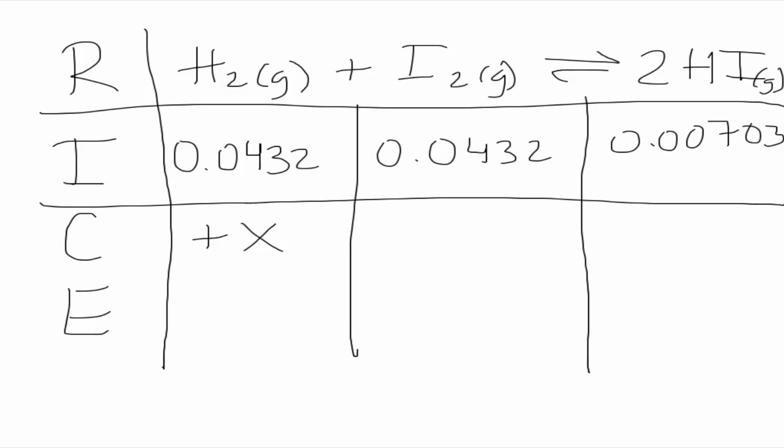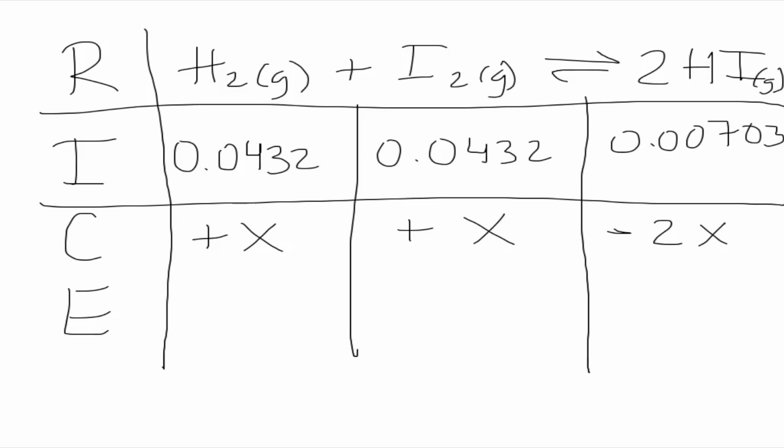This is going to increase by plus x as well. And our product is going to decrease by negative 2x. I told you that it would increase or decrease by nx. For the reactants, the coefficient was 1, so you could just write x. For the product, however, we have 2 hydrogen iodides, so that would decrease by 2 times x.